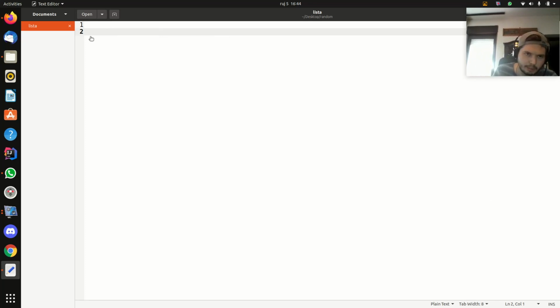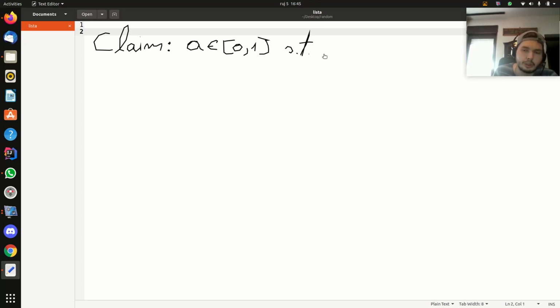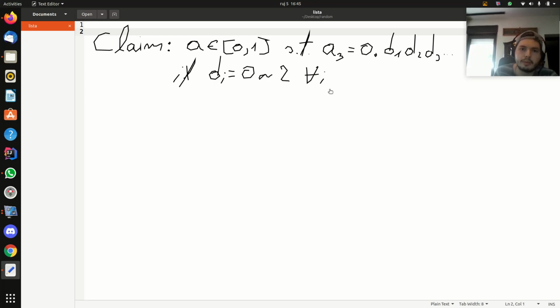Now I'm going to write a claim. An element A of [0, 1], a real number between 0 and 1, such that when A is written in ternary expansion, so in base 3, d_i is 0 or 2 for all i.